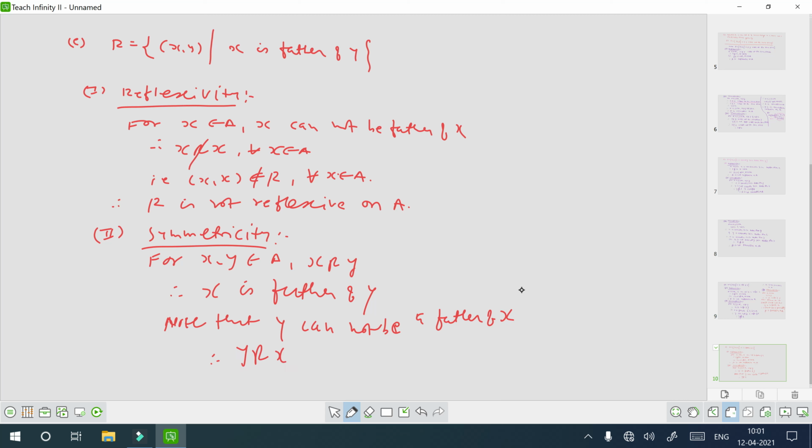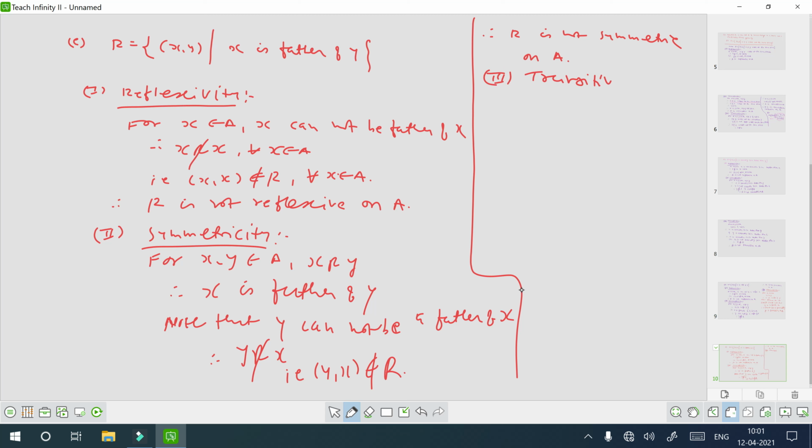That is, ordered pair (y, x) is not in R. So this relation is not symmetric, and therefore R is not symmetric on set A. Now we have to take the third one, transitivity.